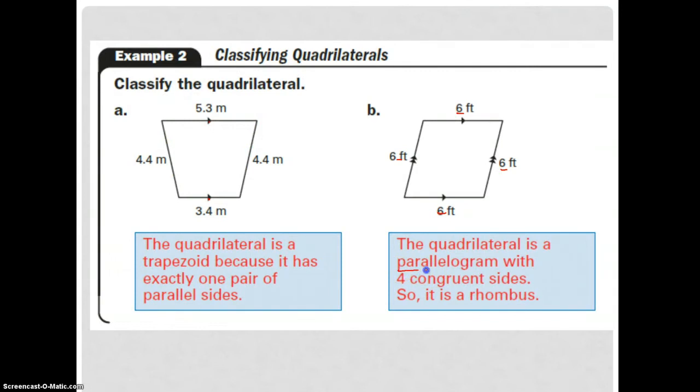Putting parallelogram is correct, but it's not the best answer, because when you classify, you want the best choice. Parallelogram will not be the right answer because it's more specific than that.